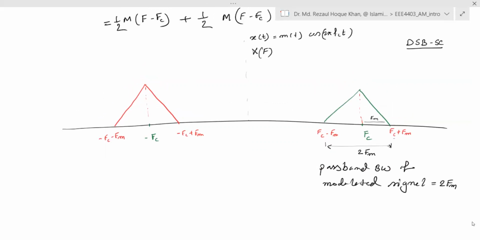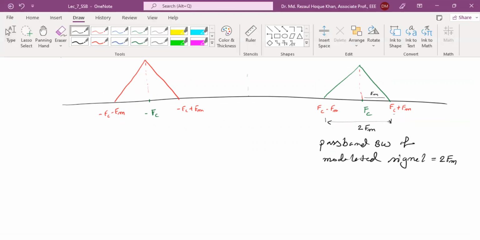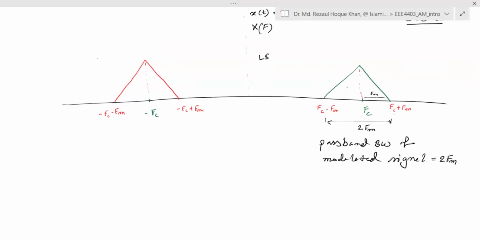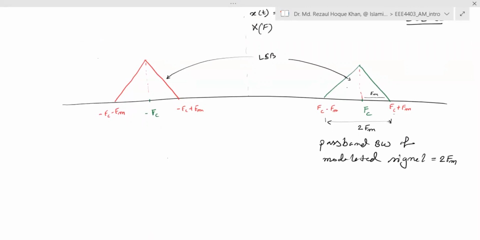Now in this case, this portion is the LSB, lower sideband. We have seen it earlier, right?